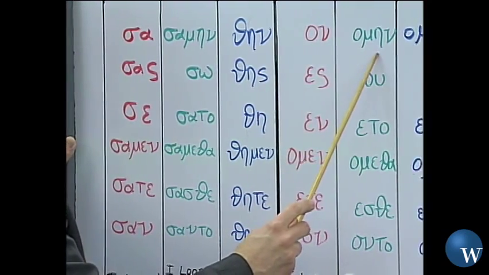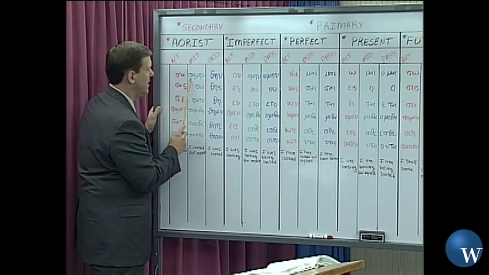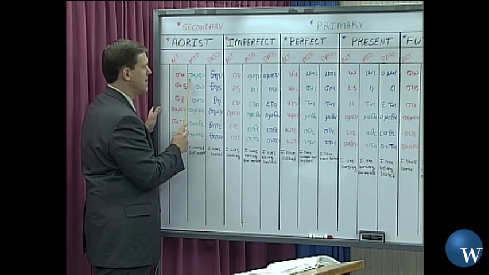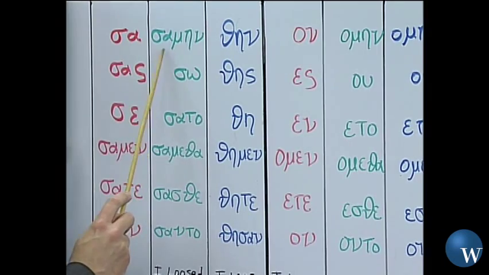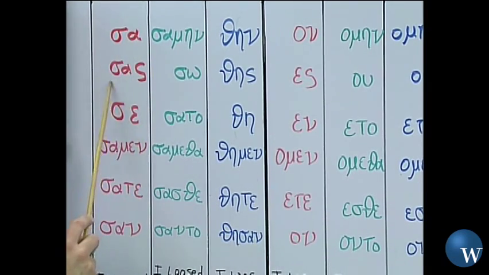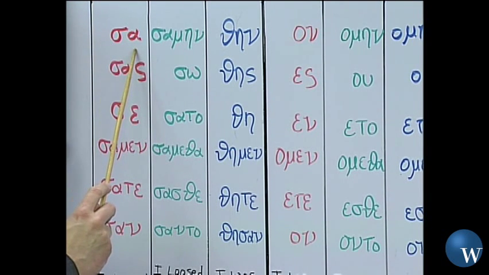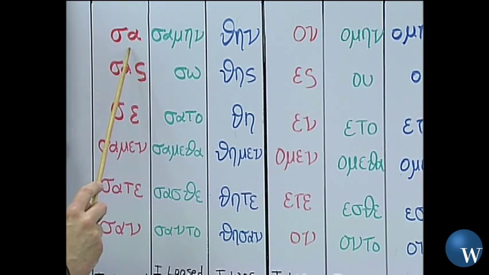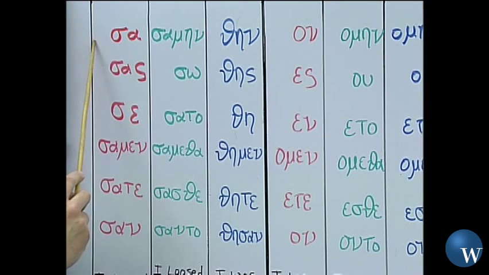You say, well, how do I know the difference? Remember, here is our past time morpheme, saw, saw, se, samen, sate, san. When I hear that saw sound, then I know I've got a past time, plus I would have prefixed our other past time morpheme to the stem.